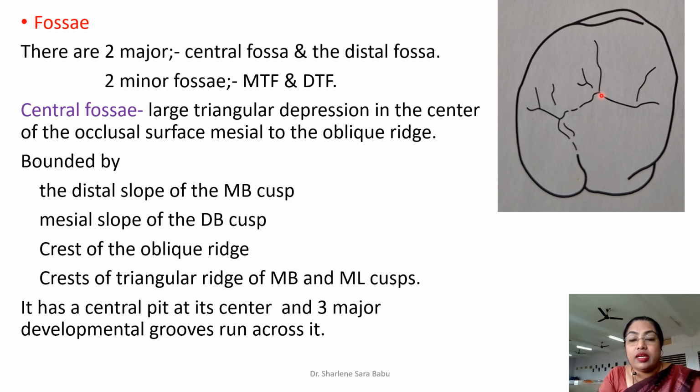The boundaries are the distal slope of the mesiobuccal cusp, the mesial slope of the distobuccal cusp, the crest of the oblique ridge, and the crest of the triangular ridges of the mesiobuccal and the mesiolingual cusp. It has a central pit at its center and three major developmental grooves run across it.